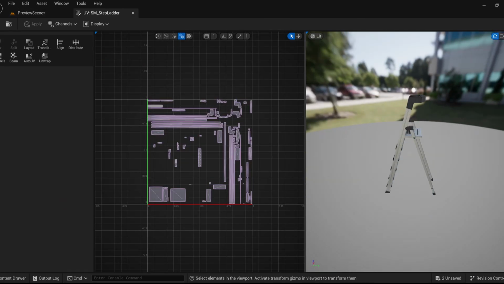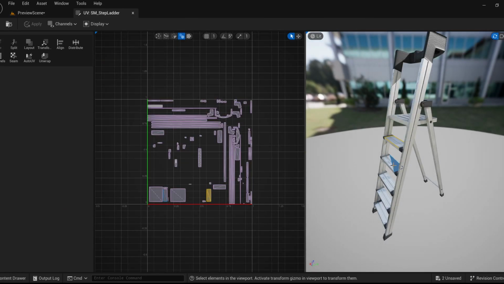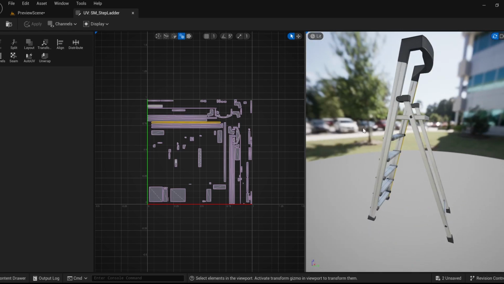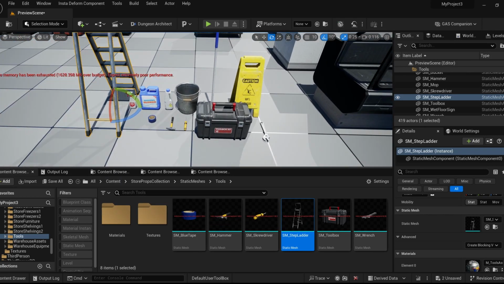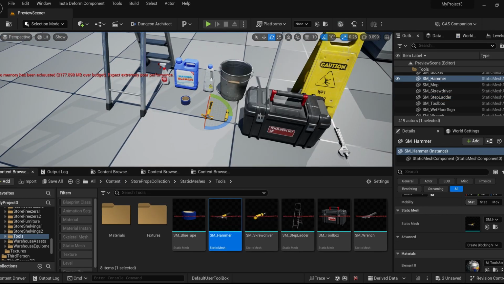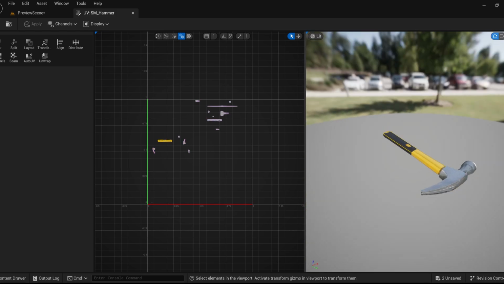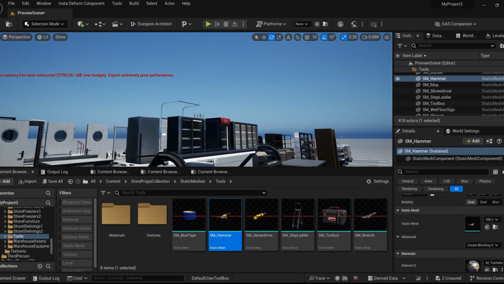Looking at the UVs, we can see that it's actually packed well, but this texture is being shared by more than this ladder mesh. You can see only a little part has been reused. Let's look at the hammer, which is also symmetrical, and we see that no parts have been reused on the UV space.